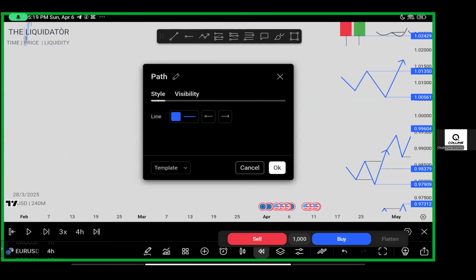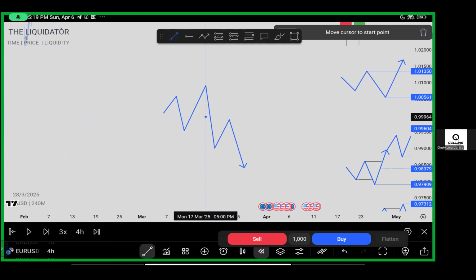So now, if you watch the video I sent, the first break of structure happened here, right? The second break of structure happened here, right? So now this one here is going to be the inducement.